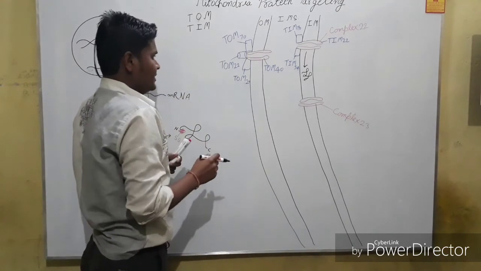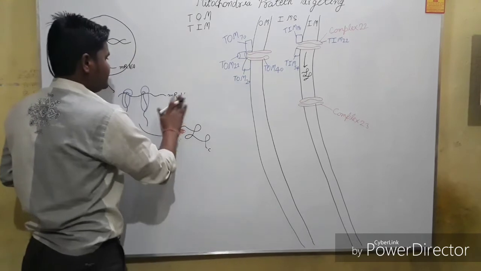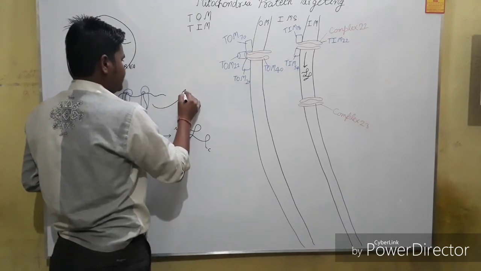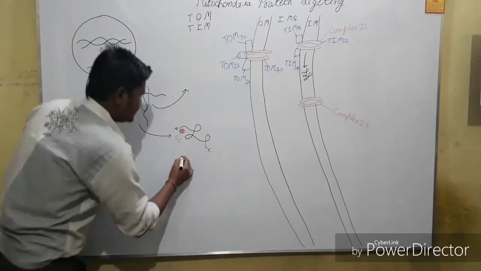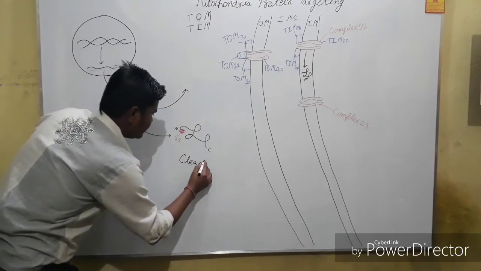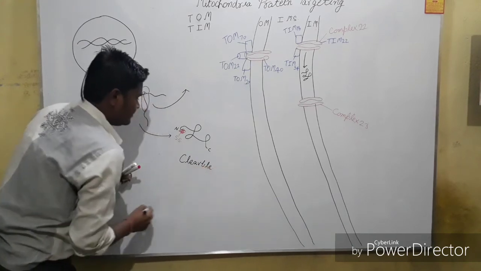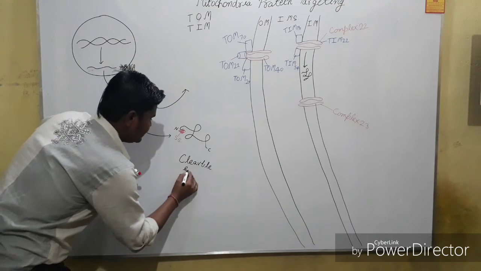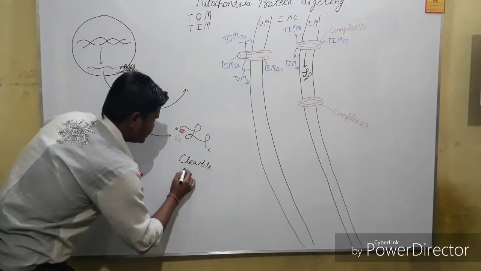There are two types of protein produced here. One has a cleavable signal sequence.